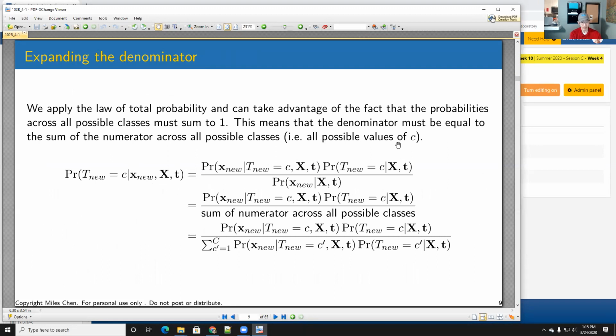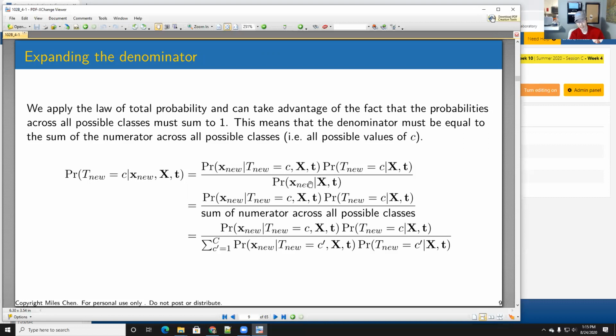Okay. And so what we can do is we can apply the law of total probability, which says the probabilities across all the possible classes have to add up to 1, right? So just applying that, we know that this denominator, the probability of X nu, is going to equal the sum of the numerator across all possible classes.